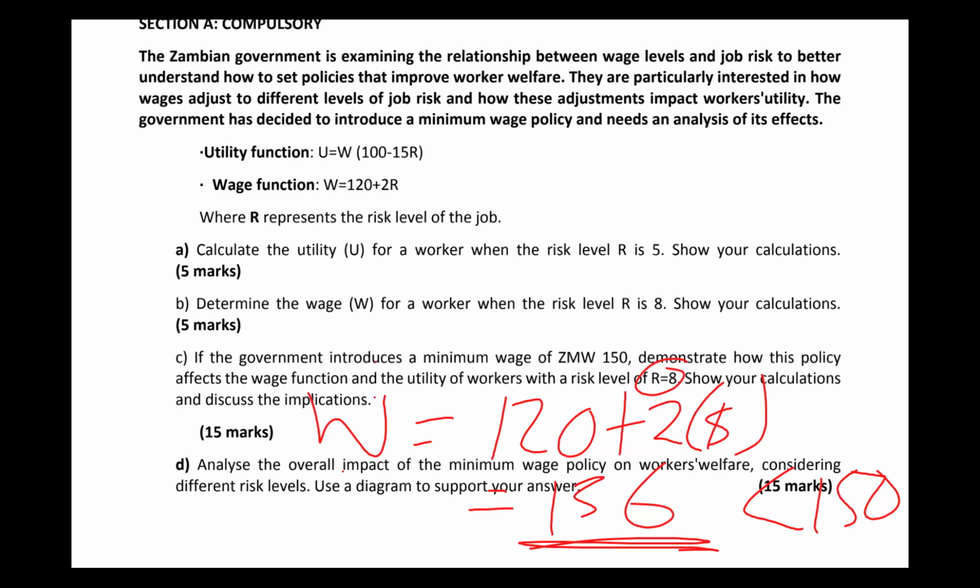The salary has been increased, yes, quite all right. But again, when a person looks at the level of risk that is there, it's still too much. A person is getting a lot of money, but still they are not very excited because of the level of risk associated with the job that they are doing.